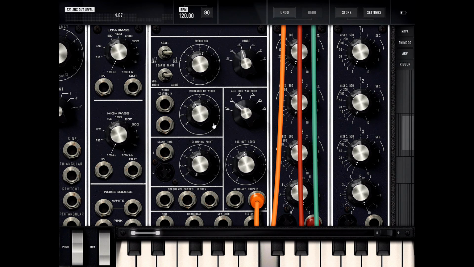And this is affected by the frequency right here. So for sawtooth, inverse sawtooth, square wave, which is also modified by this, and then kind of a smaller square wave right there.